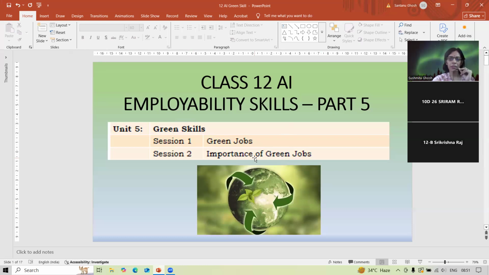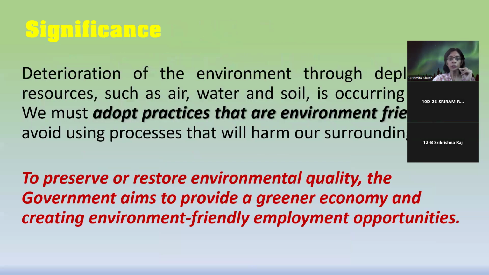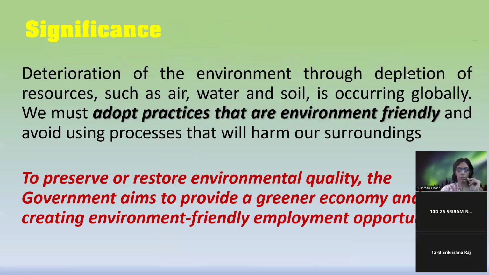The green aspect, the sustainable aspect, is being taken up everywhere because it is becoming very, very important. So the basic thing we talk about is: what are green jobs and what is their importance? We are mainly focusing on that.